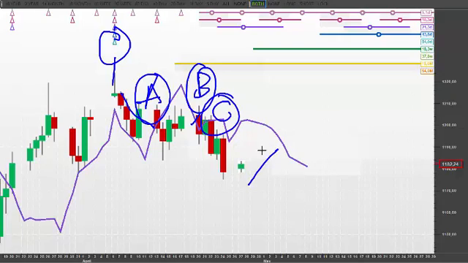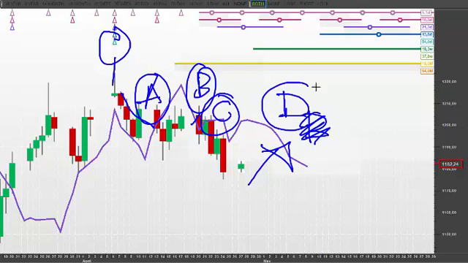What do we have next? Very simple. A D category interaction, which is a long trade as the price of gold heads up to the 40-day cycle peak, which, as you can see, is expected around about the middle of May.